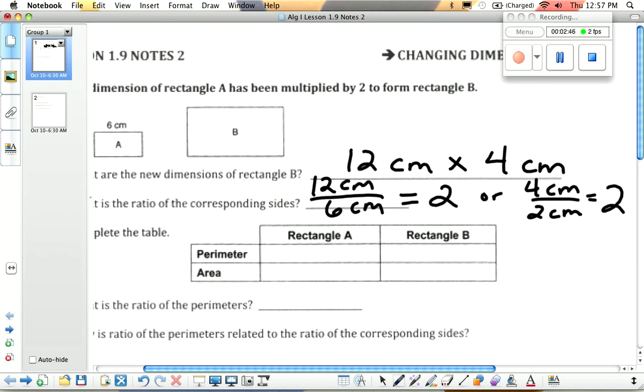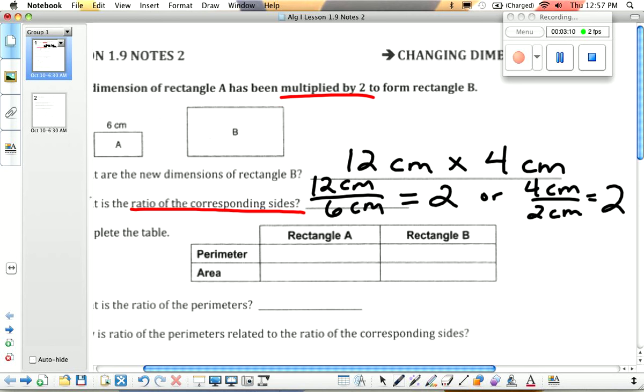So the thing that's tricky here is, students have a really hard time understanding what ratio of corresponding sides means. Can you think of another mathematical term that really means the same thing? If we multiplied by 2, what's that 2 really also known as? A scale factor.